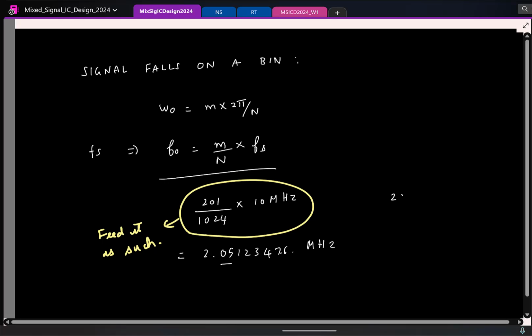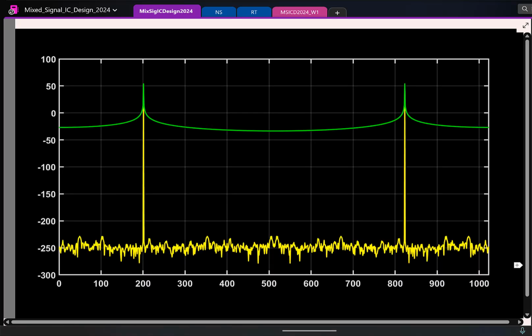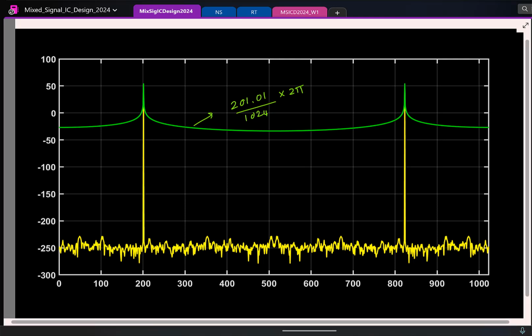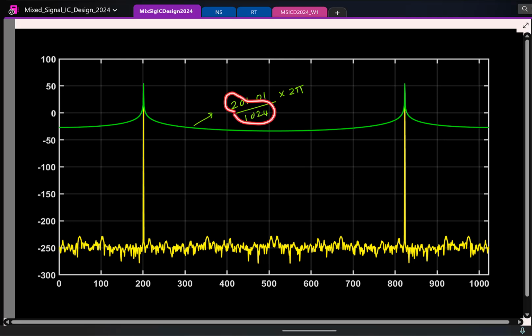For example, let us say the frequency is like this now, or it could be 001, anything. In that case, again, you'll end up with the same skirt. I've chosen 201.01 by 1024. This is not because you didn't know about DFT, you know everything. You wanted this frequency to be like this, but because you cannot generate frequencies with infinite precision, you end up with this case.